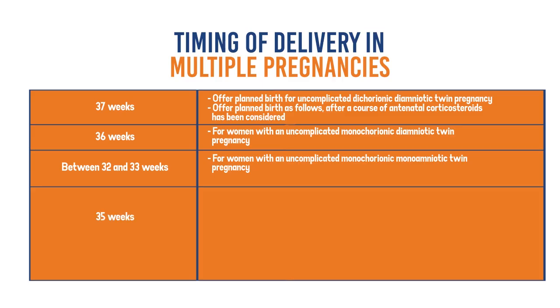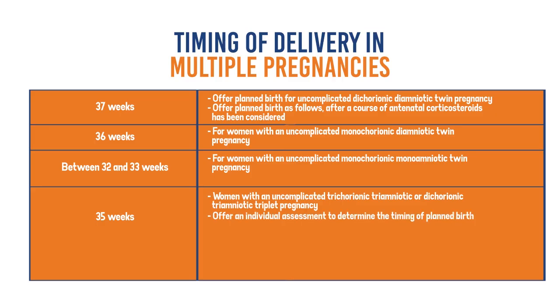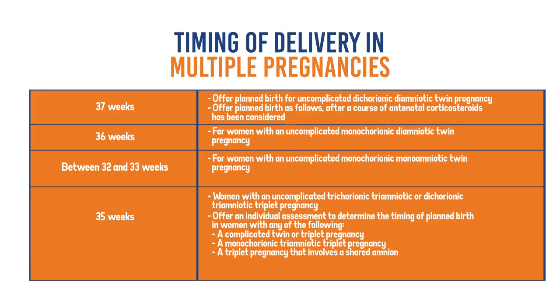And 35 weeks, for women with an uncomplicated trichorionic triamniotic or dichorionic triamniotic triplet pregnancy. Offer an individual assessment to determine the timing of planned birth in women with any of the following: a complicated twin or triplet pregnancy, a monochorionic triamniotic triplet pregnancy, and lastly, a triplet pregnancy that involves a shared amnion.